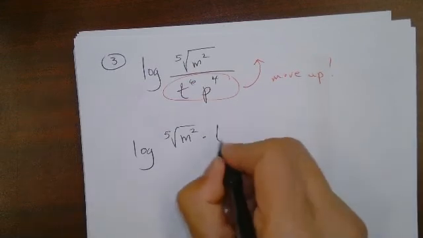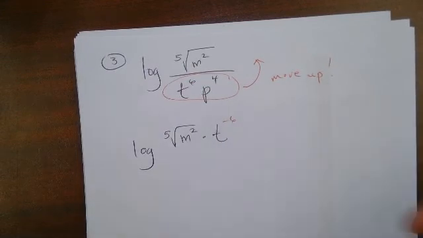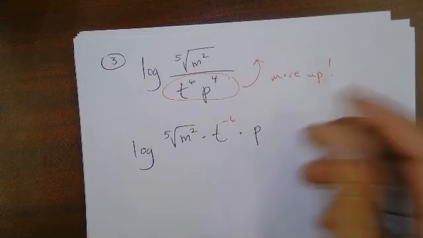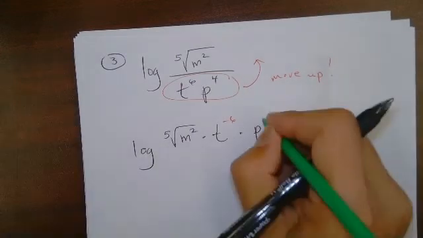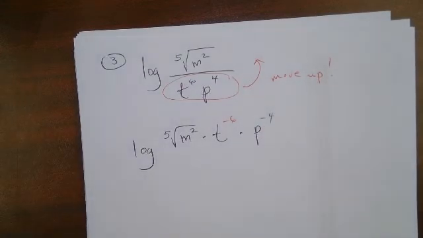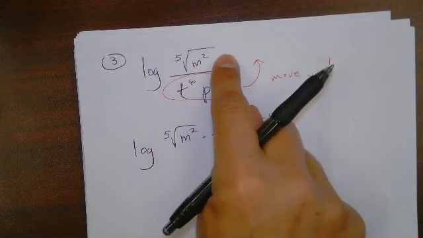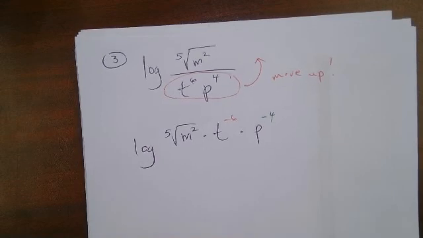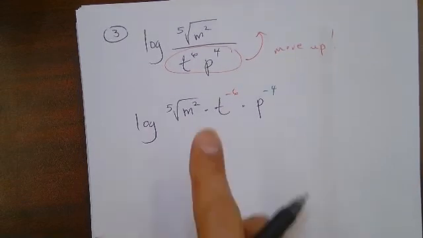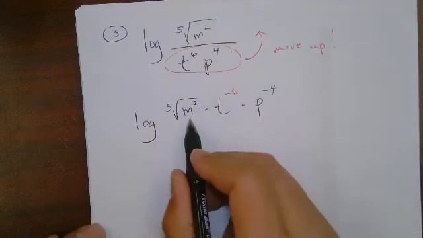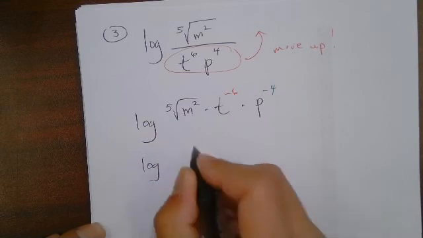Well, the top is still there. I'll worry about that after. But what am I going to write up here, over here? And that is it. Don't you think that's easier? I think it's easier. Forget that second property. Forget division. Just move anything that's on the bottom to the top.